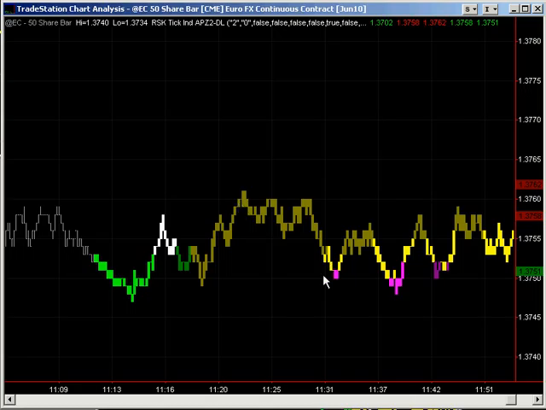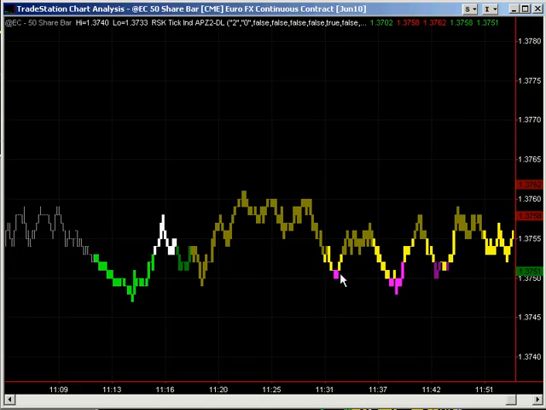But you'll notice right in here we have a nice reversal. Again, here a reversal, and then here again another reversal. These reversals indicate an opportunity to take a long trade.